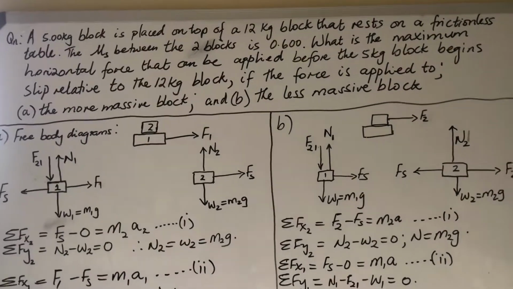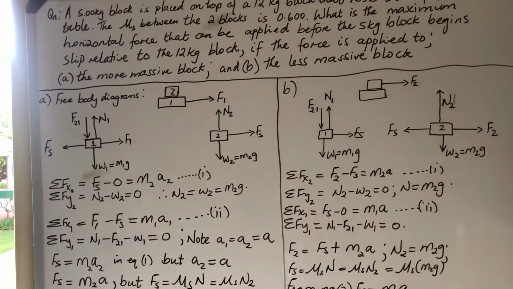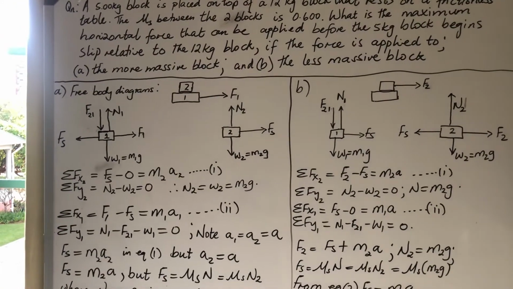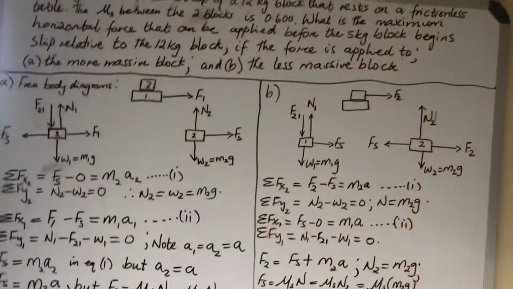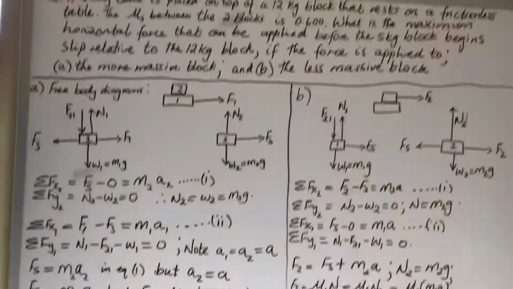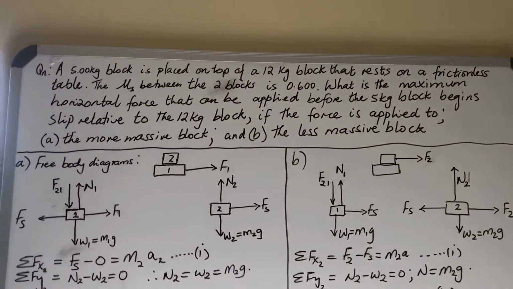massive block. So here we've got two situations. We are told that we've got two blocks, one sitting on top of the other, and these two blocks are going to be moved at different instances.